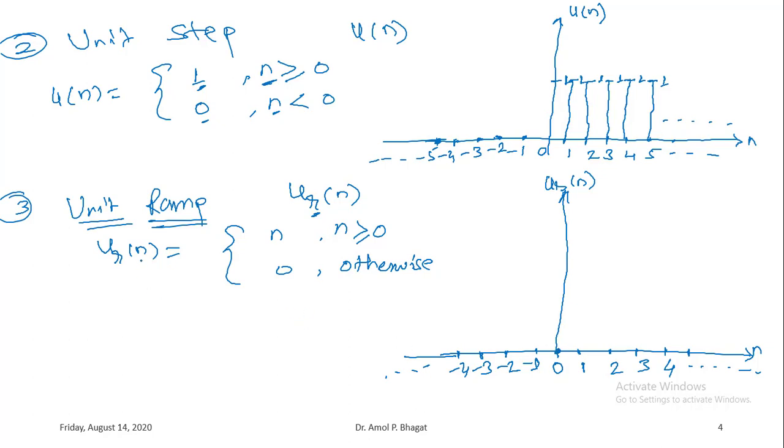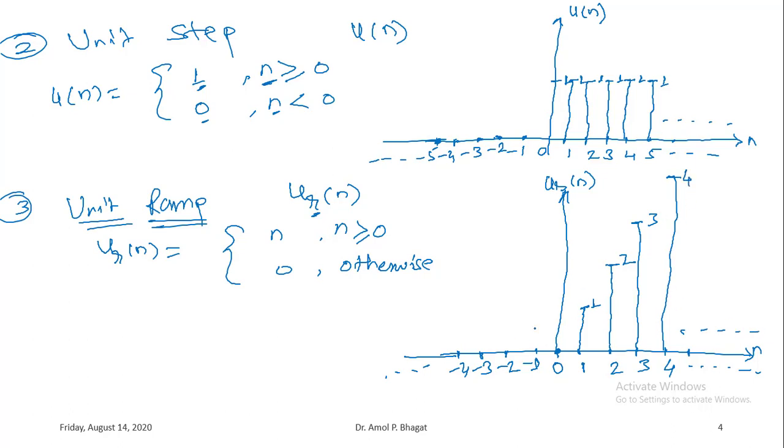For n equal to 1, the value of ur of 1 will be 1. Gradually this signal value will increase with the increase in the value of n. So for n equal to 2, ur of 2 is 2, then ur of 3 will be 3, ur of 4 will be 4, and so on.